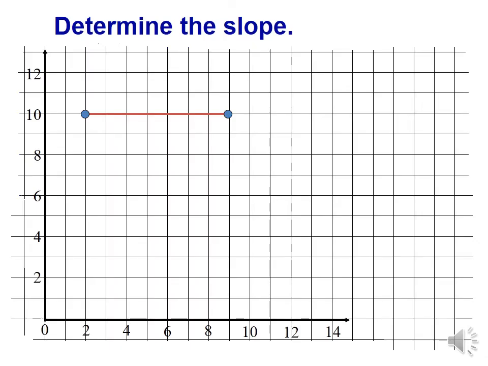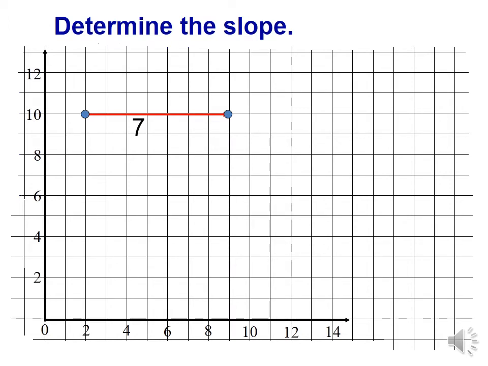Finding the slope of a horizontal straight line. Here the line is parallel to the x-axis, and we need to find its slope. As we studied before, the slope equals change in y over change in x.